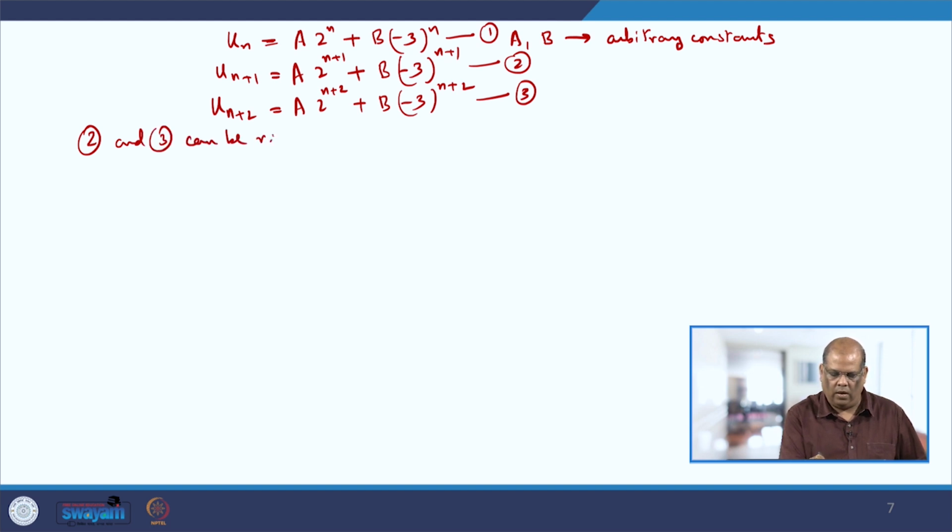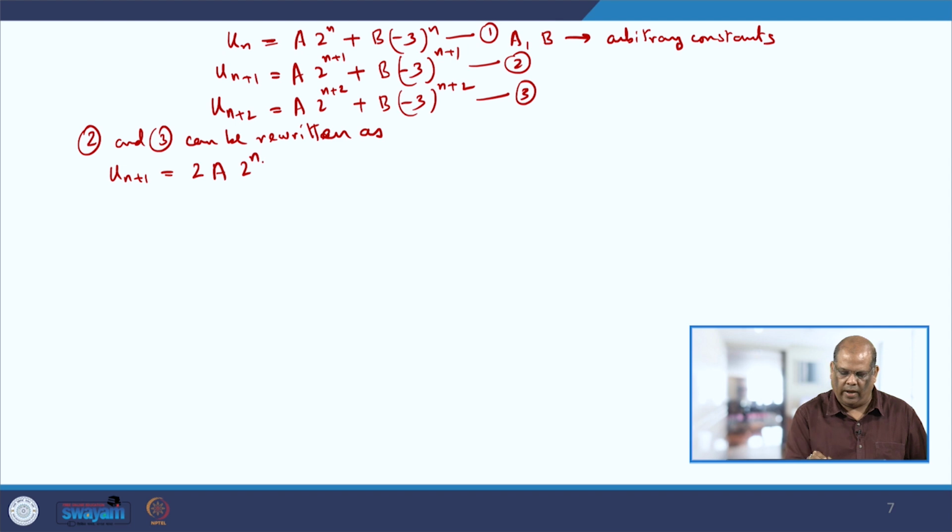So, 2 and 3 can be rewritten as: u n plus 1 equal to 2a 2 to the power n, since I write 2 to the power n plus 1 as 2 to the power n into 2, that is why this 2 has come, and here again minus 3 to the power n into minus 3, so minus 3b into minus 3 to the power n.